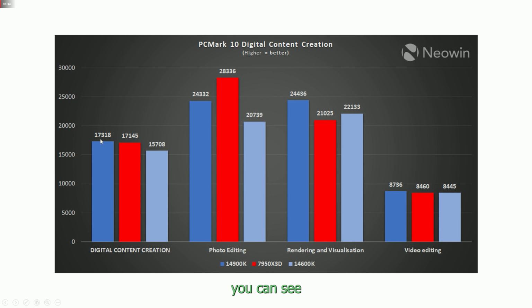You can see that on digital content creation, Intel gets a better result. In video editing, Intel gets a better result. In the rendering part, Intel gets a better result. But in the photo editing part, the Ryzen 7950X3D gets a better result.